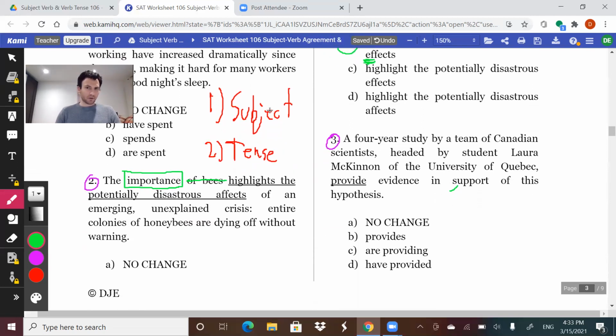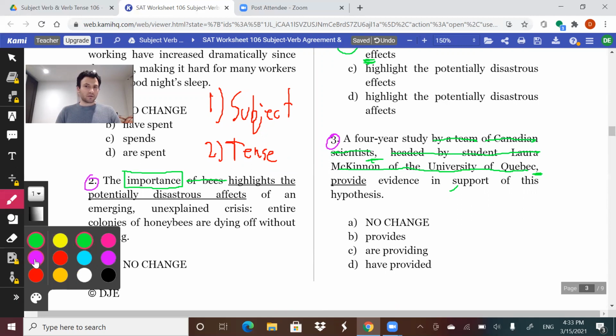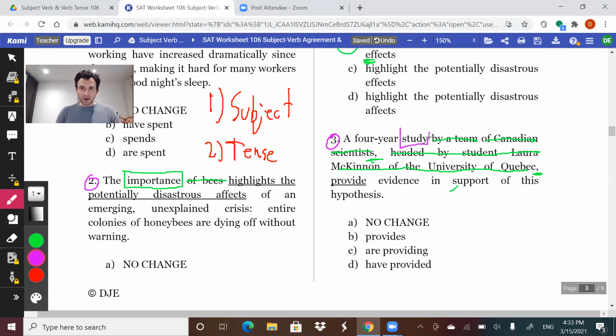Let's look at the next problem. Again, we're hunting down our subject. A 4-year study by a team of Canadian scientists. Well, by a team, prepositional phrase, of Canadian scientists, prepositional phrase. Headed, oh wait, offset by 2 commas here. So headed by the student Laura McKinnon of the University of Quebec. Well, that's just a non-essential bit describing the study. So really, our subject is just a study.